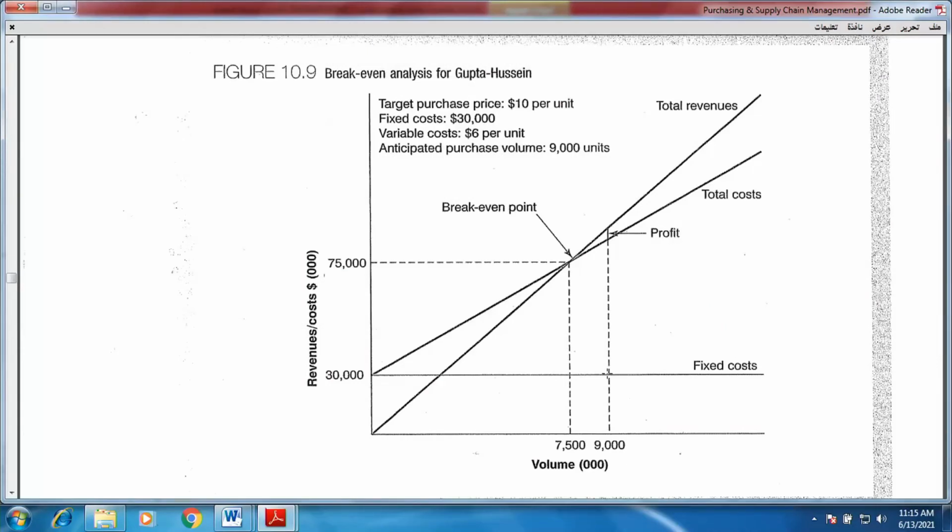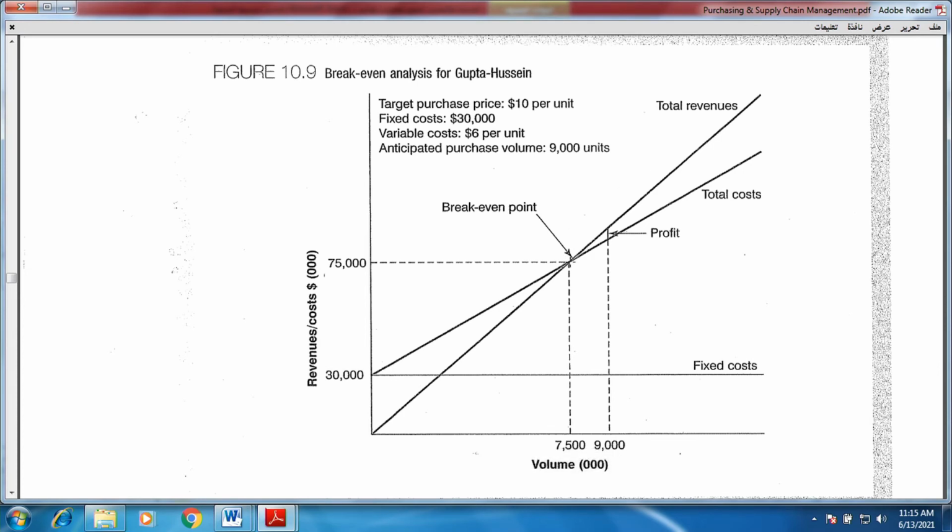Here we have the figure that I wrote on the board. This line represents the fixed cost, which is the 30,000, and this line represents the total cost, containing the variable and the fixed cost, and this line represents the total sales.